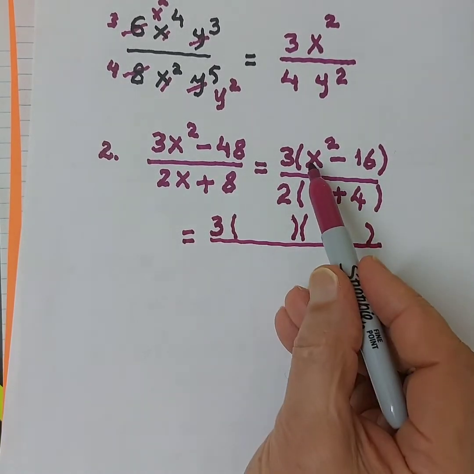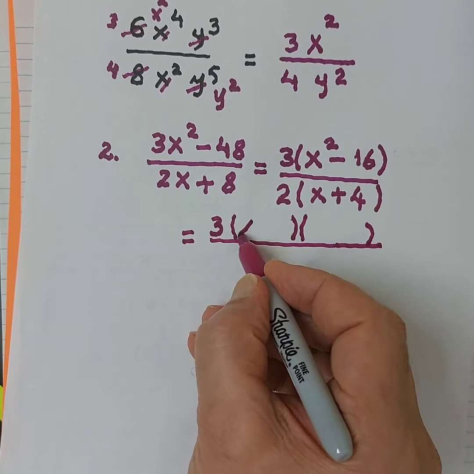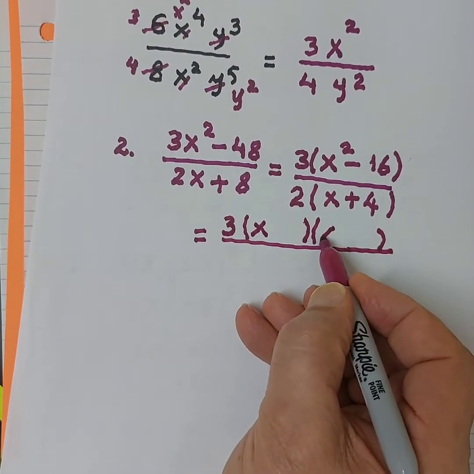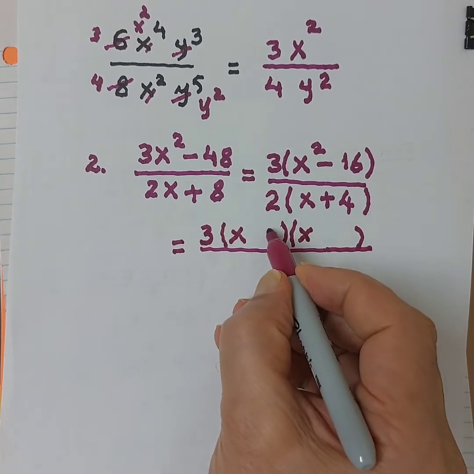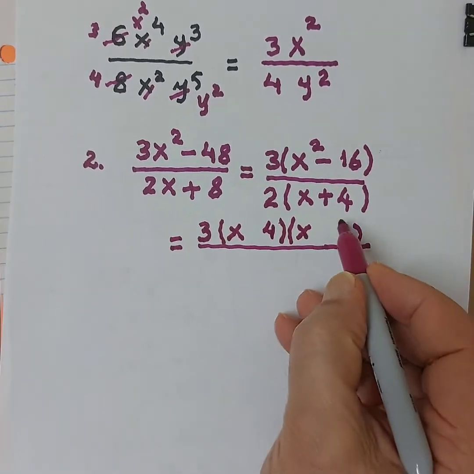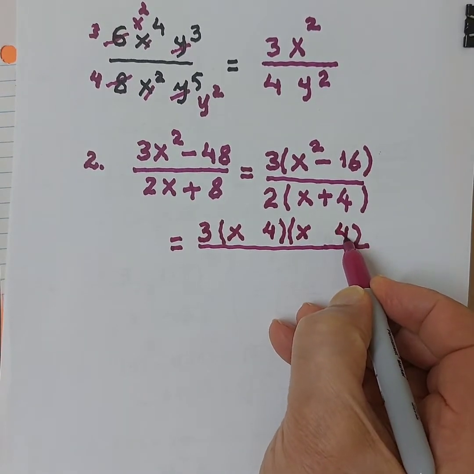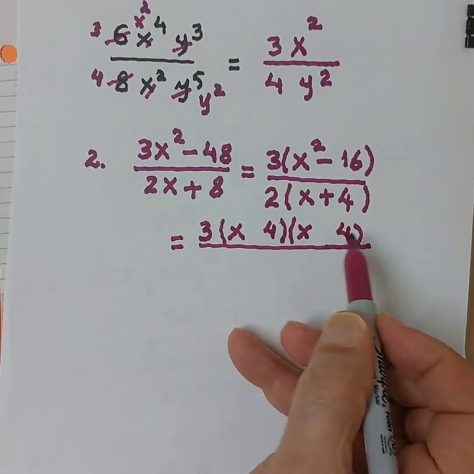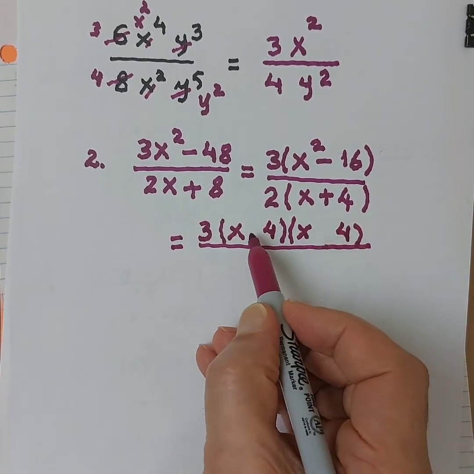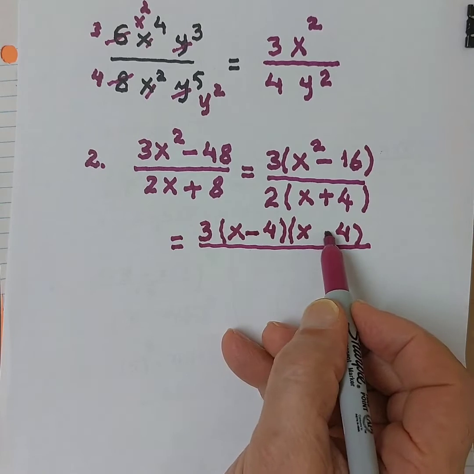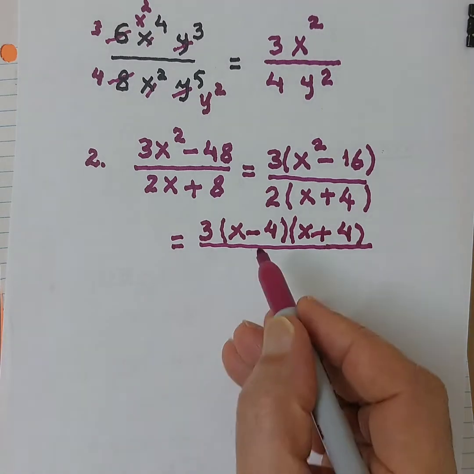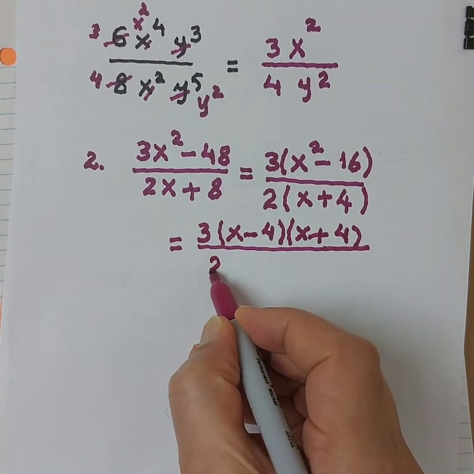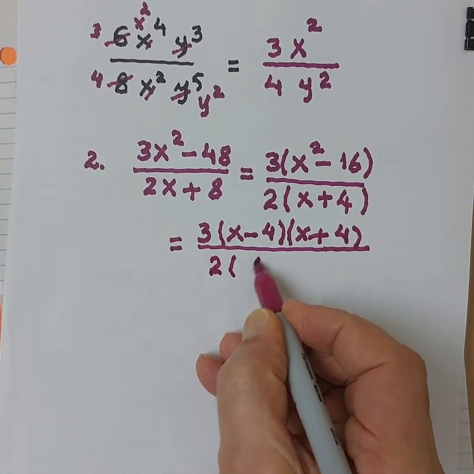I mean, x squared will be x times x, and 16 will be 4 and 4. And you can write the signs are different, one negative, one positive, or one minus, one plus. There's nothing to do in the denominator, so we rewrite it again.